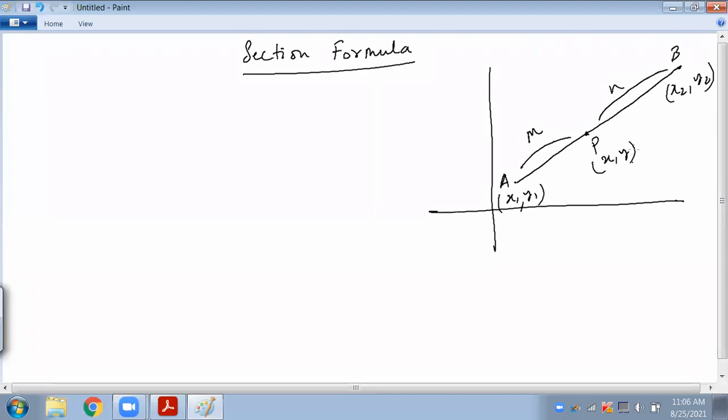Then by section formula, we can take the coordinate of point P as what? Let's see.